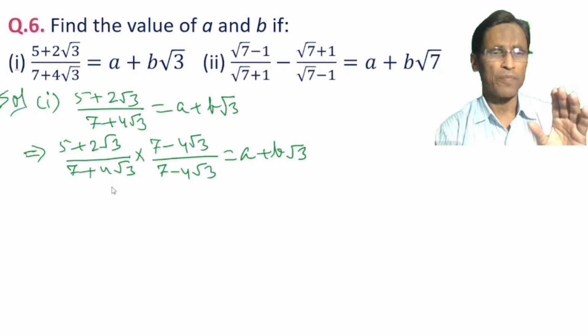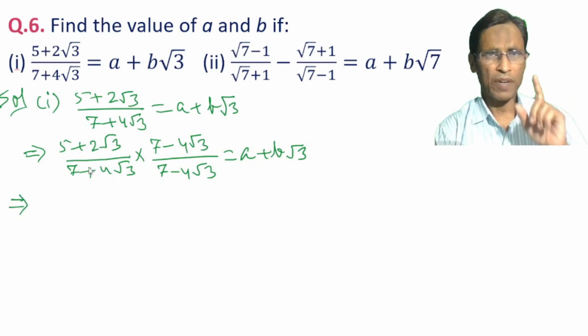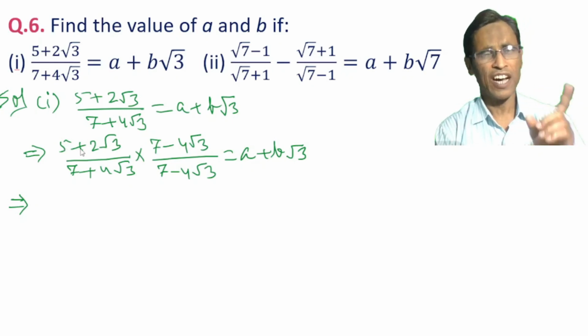In the next step, we multiply the numerator to numerator and denominator to denominator in LHS. In multiplication, we first multiply rational to rational and irrational to irrational, and then we multiply rational with irrational.